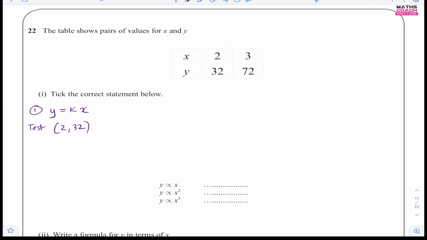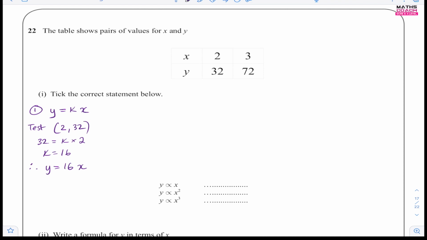So I'm going to find the value of k using this. So therefore 32 is equal to k times 2. So therefore k would be 32 divided by 2, which is 16. So therefore this equation becomes y is equal to 16x. All I've done is, once I found the value of k, I've just replaced it right there, like I have here.